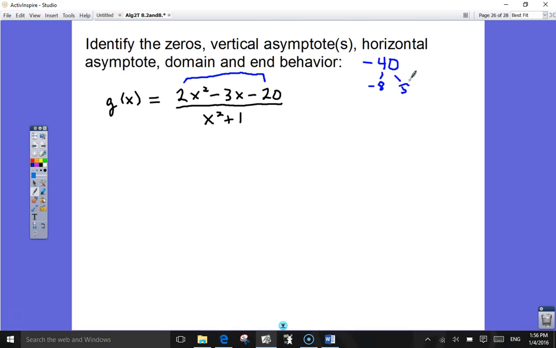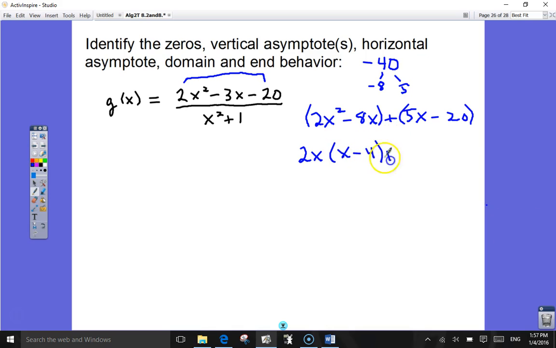So what do we do with that? We split up the middle term, so it's 2x squared minus 8x plus 5x minus 20. We group the first two terms, we group the last two. We factor each set of parentheses, greatest common factor: 2x times x minus 4, plus 5 times x minus 4.